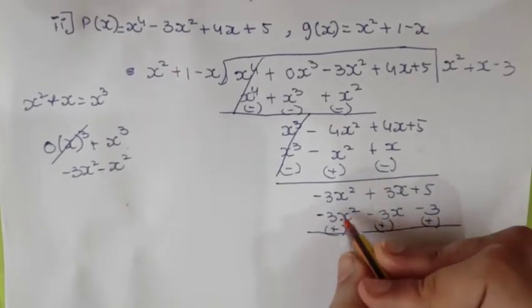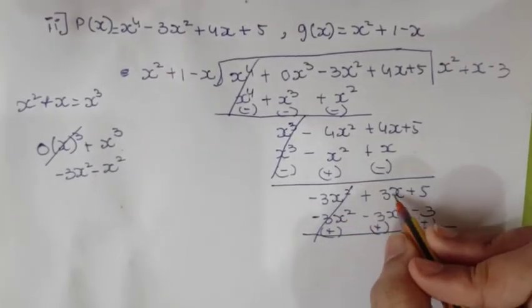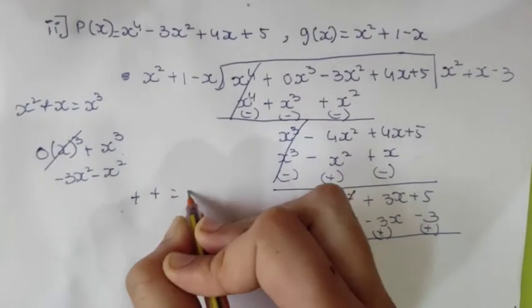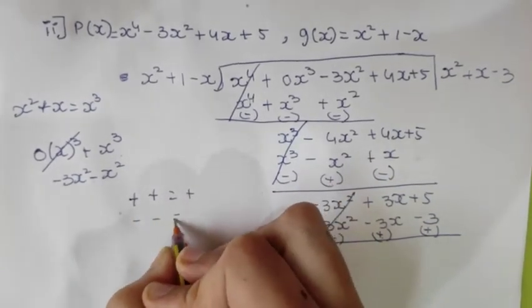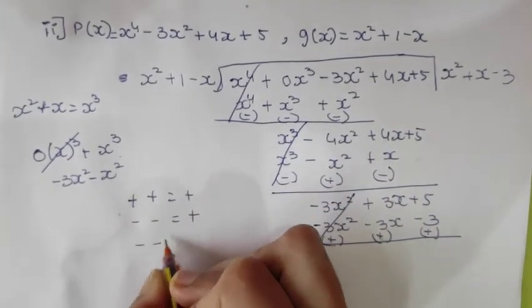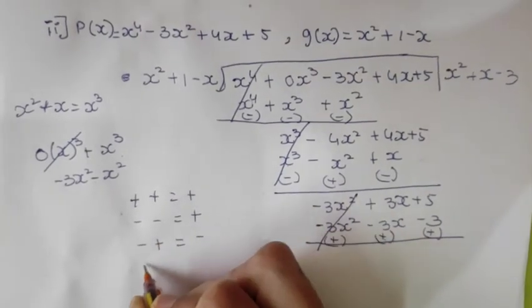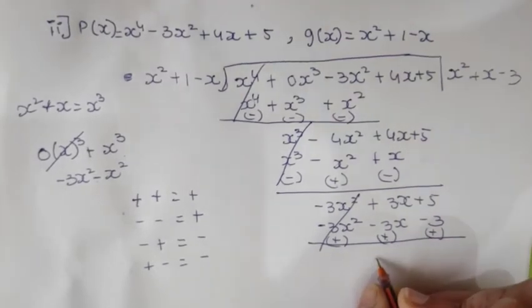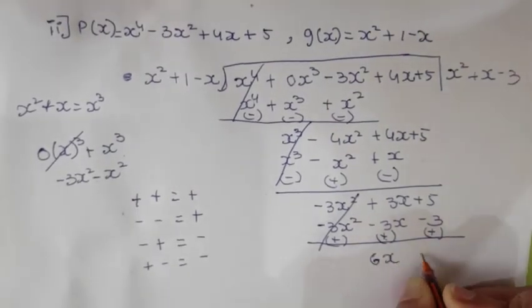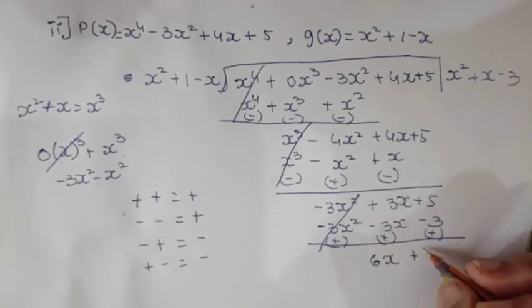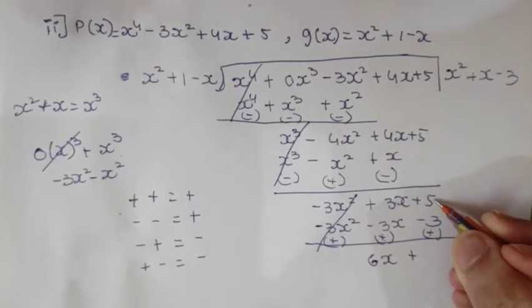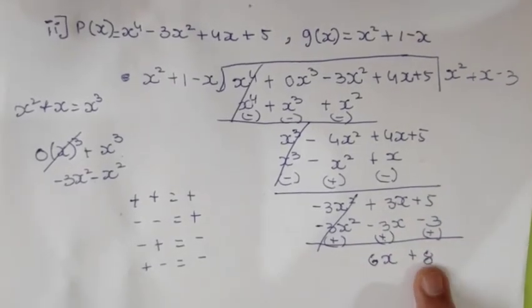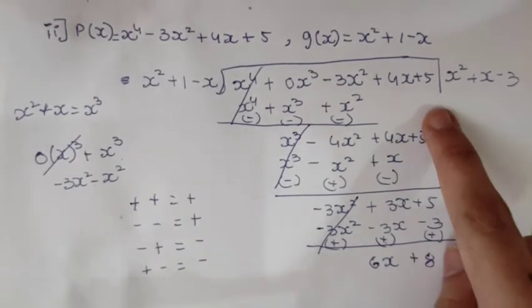So now this will cancel, plus minus, and here it will become 6x plus 5 plus 3, which is equal to 8. So this is the quotient, and this is the remainder.